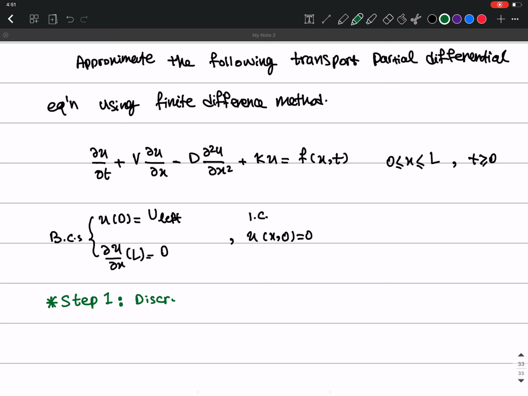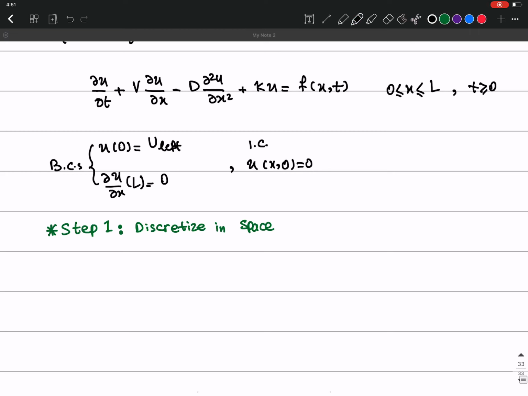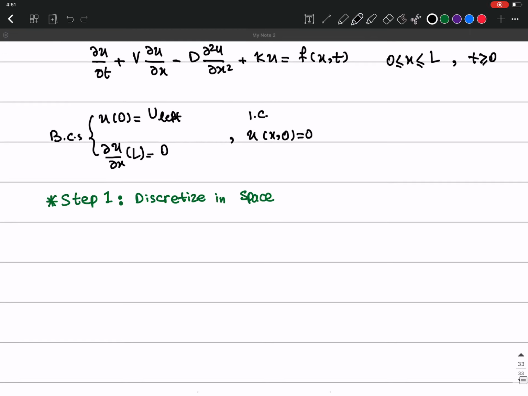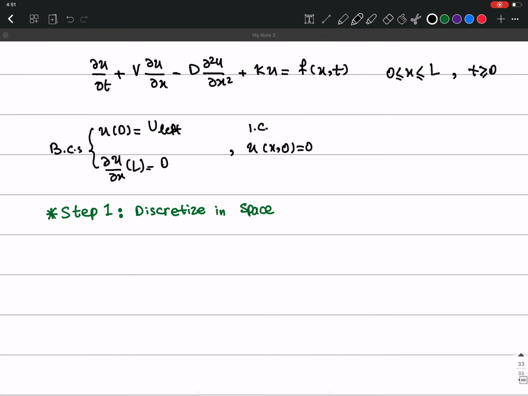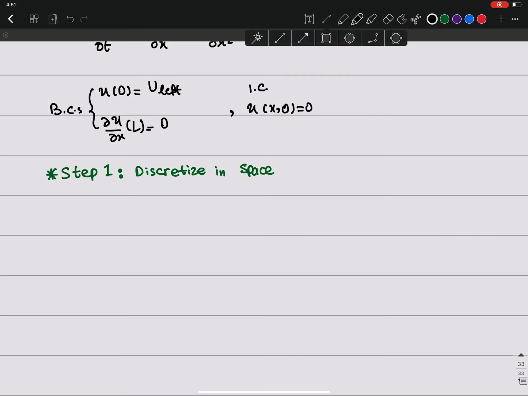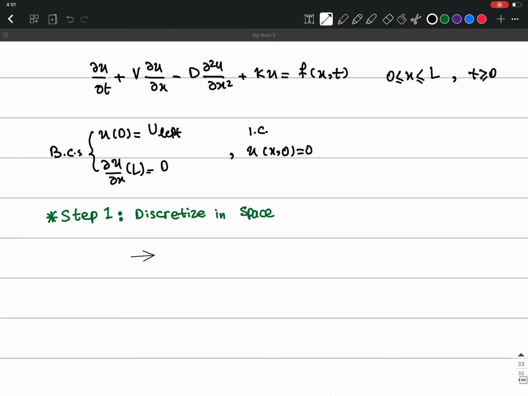Discretize in space. So let me start by discretizing this equation in space.